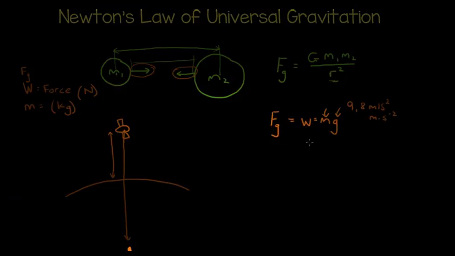Weight is basically another word for the force of gravity, because that's measured in newtons, and that's how much the Earth pulls us down when we're on the surface of the Earth. Now notice that 9.8, we can only use that when we are on the surface of the Earth. That's really, really important. So we use this little shortcut to work out our weight. Our weight, which is a force in newtons, is equal to our mass times gravitational acceleration, which is 9.8. That only applies for the surface of the Earth.